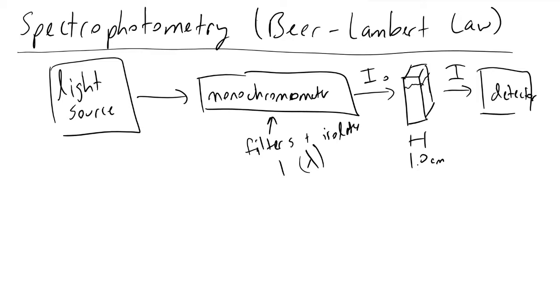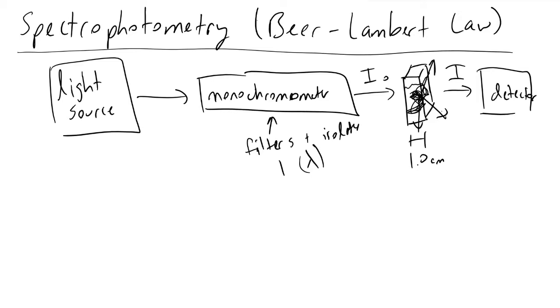And so the more stuff that's in this solution, the more light will be scattered out as the light tries to pass through it. The denser our solution is, or the more concentrated it is, the less intense I will be.